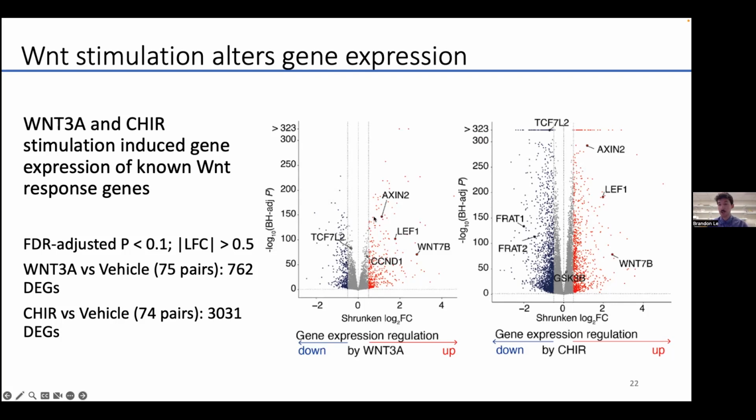Each one of these dots is a gene, and we've labeled a variety of them that are relevant to Wnt stimulation. Similar to the chromatin regions, we found some sensible genes that changed in reaction to Wnt stimulation. So lots of different genes changing, and happy to see that there were some known targets of Wnt stimulation that were among them.